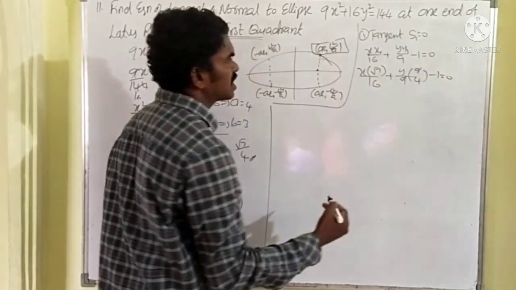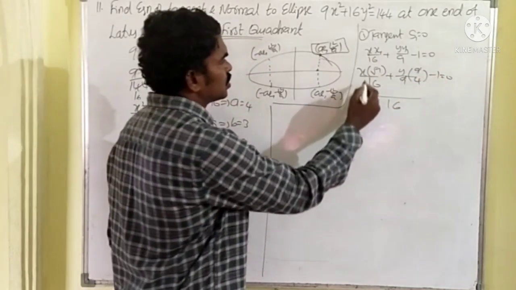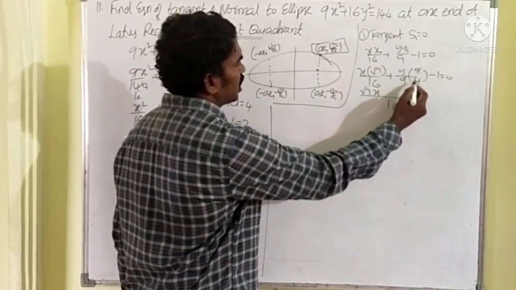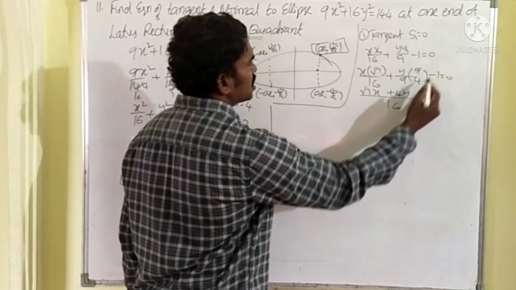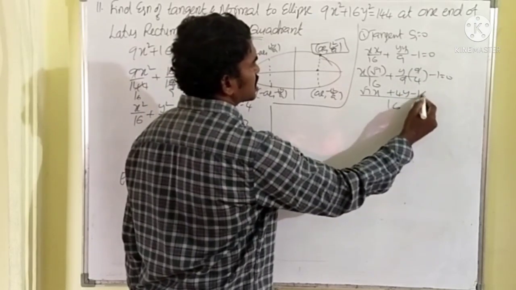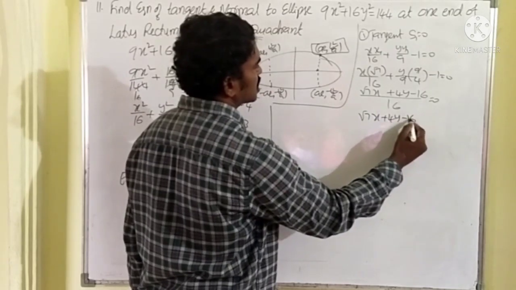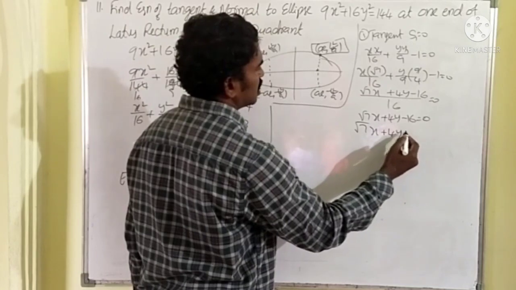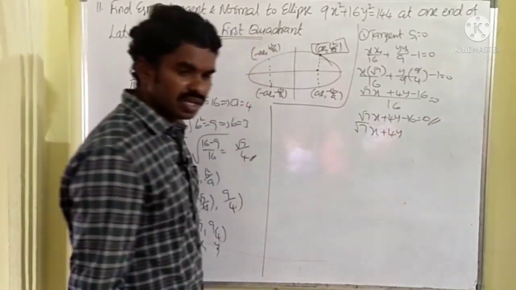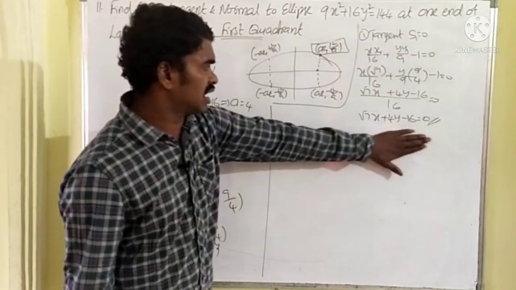Obviously 9 cancels. So 16 is the LCM. So root 7 x plus 4y minus 16 is equal to 0. Yes, this is the answer only. So no need to write other steps. Okay, the tangent equation we got.